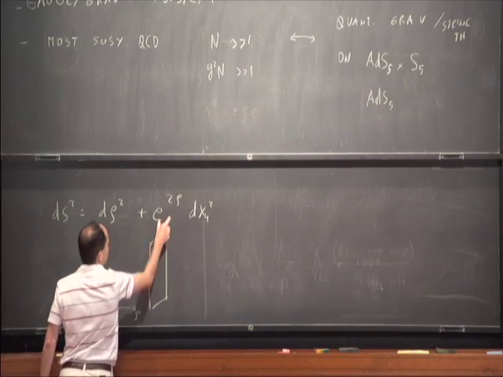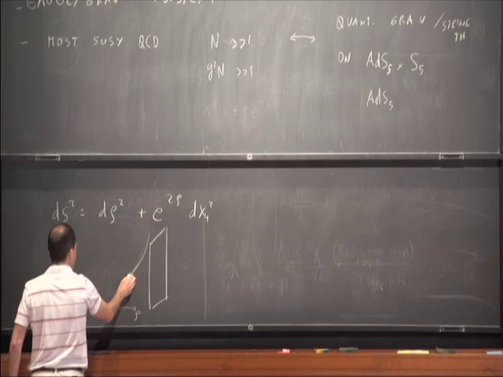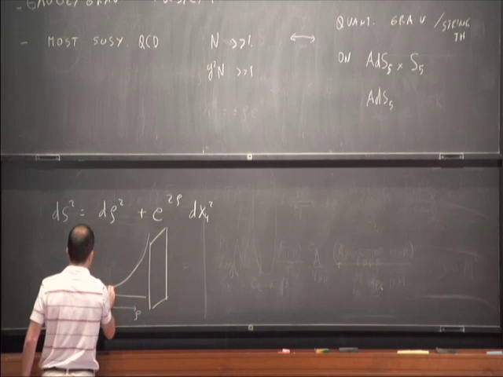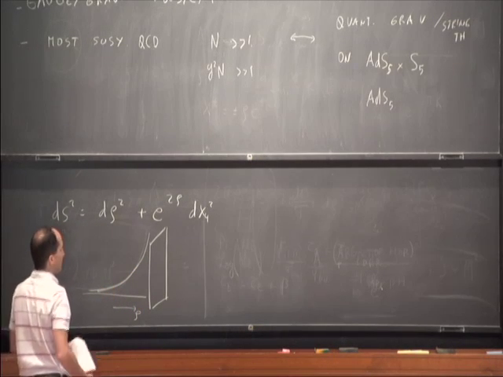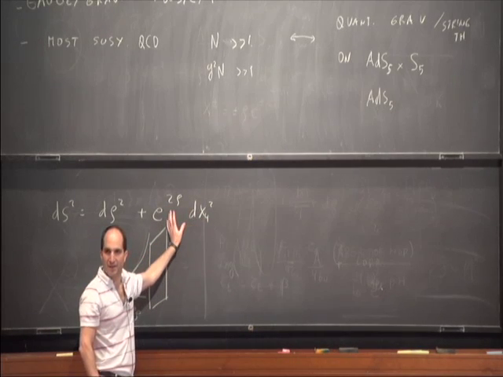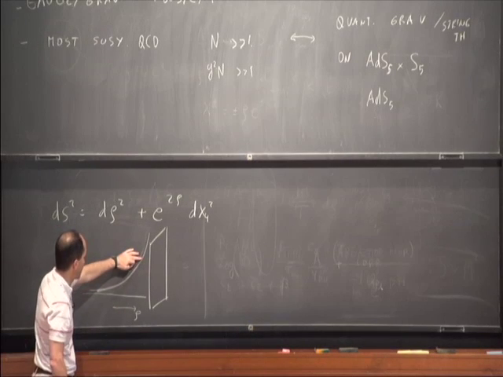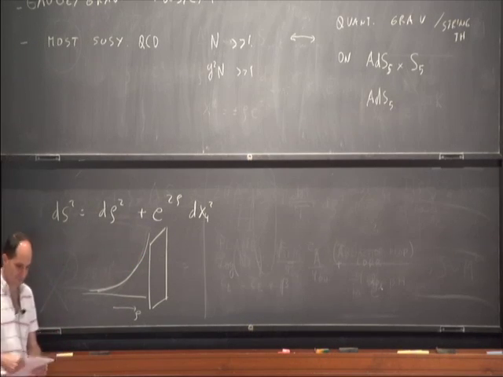And this factor grows very much when rho goes to infinity and becomes very small when rho goes to minus infinity. You can think of this as, again, a gravitational potential. It multiplies the time direction. So, for example, if you were sitting here, you would see a gravitational force that pushes you in this direction.